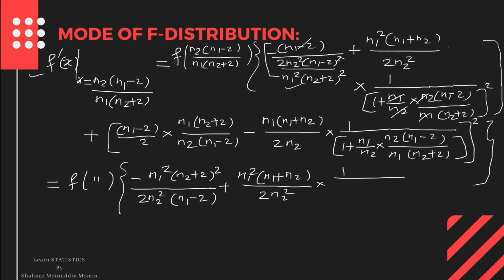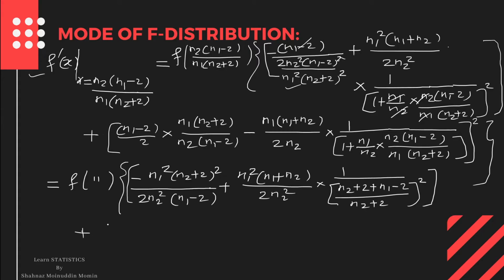Now I will take the LCM. So what will happen? This n2 plus 2 plus n1 minus 2 upon n2 plus 2 whole square. This is the first term.